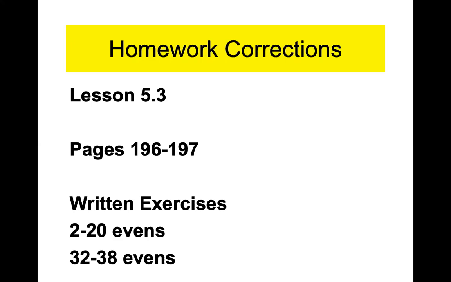Number 14, negative 9m squared minus 12m plus 6. 16. I have a question. Yep. Oh, wait, never mind. 16, 2a minus 3b. 18, 2c squared minus 4d squared minus 5.